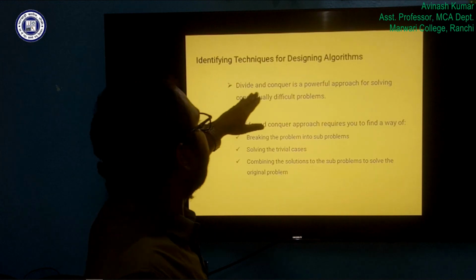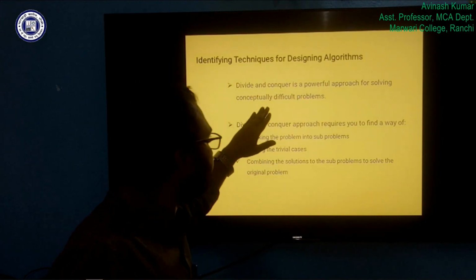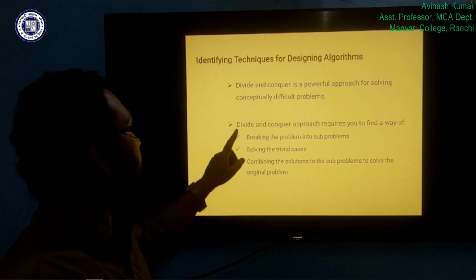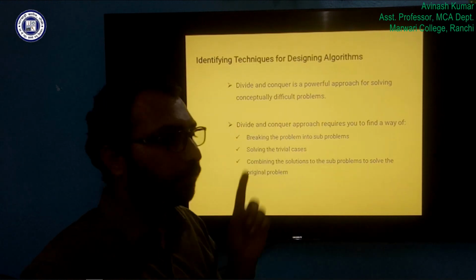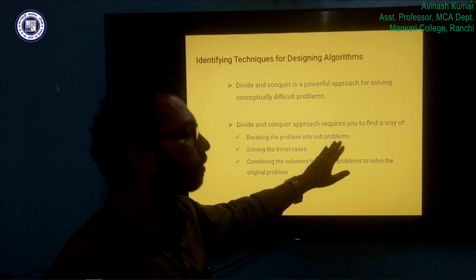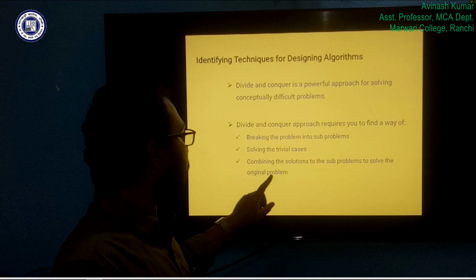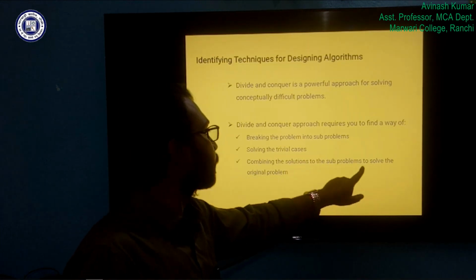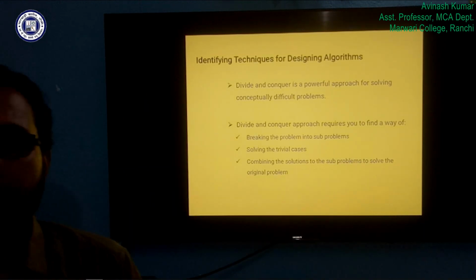So divide and conquer approach is a powerful approach for solving conceptually difficult problems. This approach requires you to find a way of breaking the problems into subproblems, solving the trivial cases, and combining the solutions to the subproblems to solve the original problem.